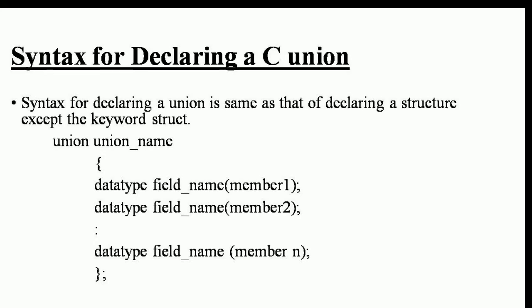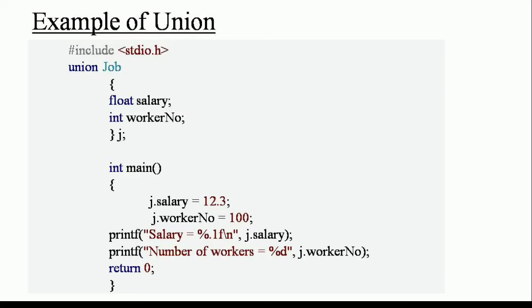Now the example of a union program. You can write: #include <stdio.h>, union job, curly braces start, float salary, int worker_number, curly braces closed, and define j as another variable.